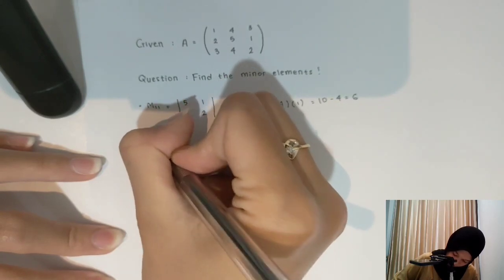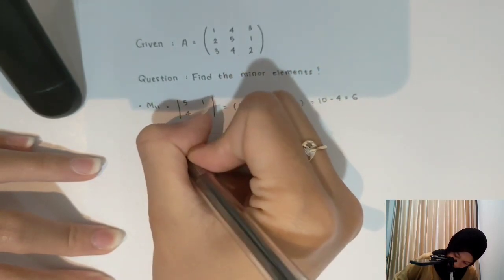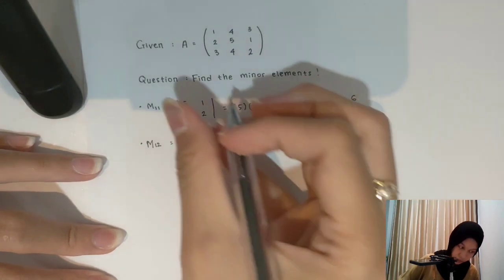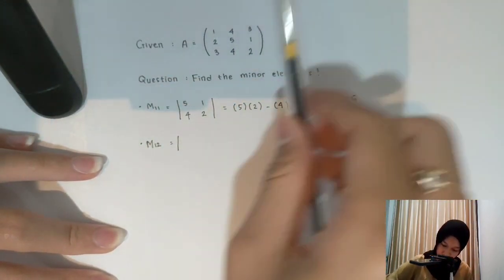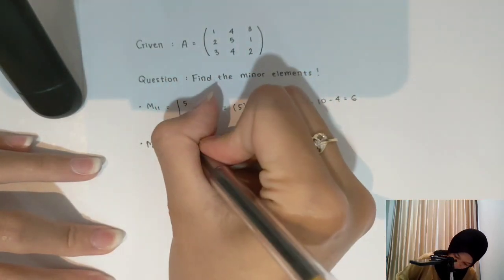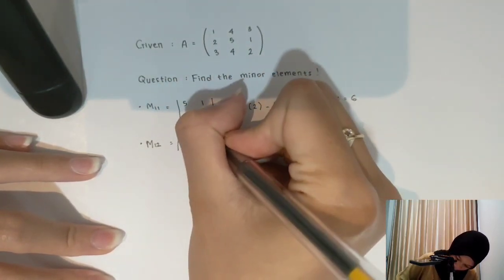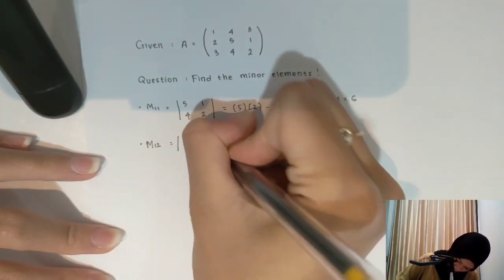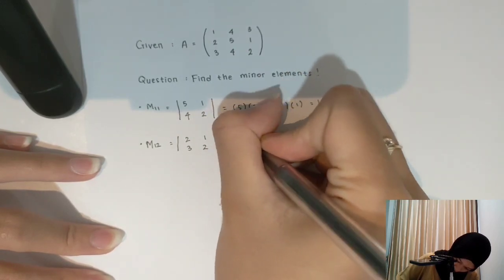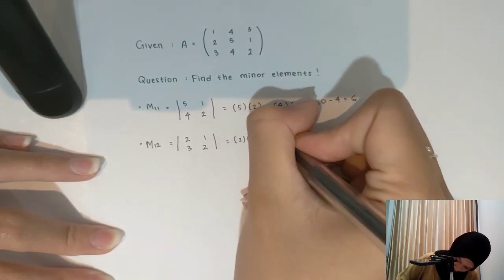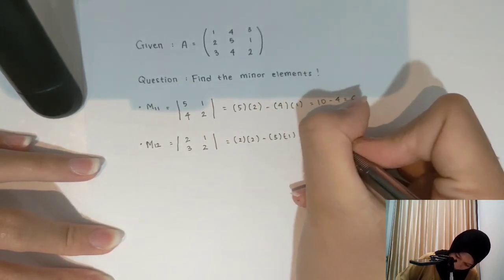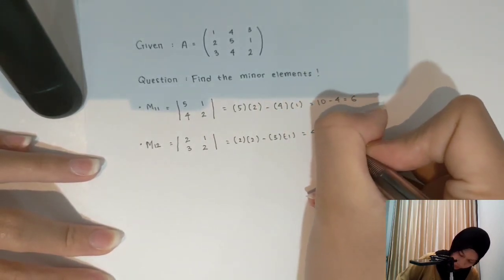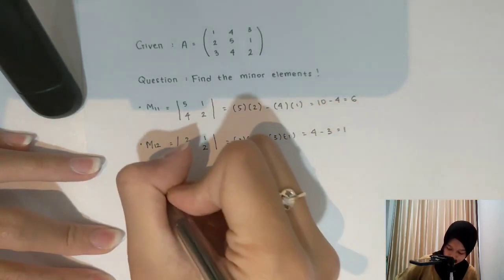Then minor row 1, column 2. So it'll be 2 times 2 minus 3 times 1, which is 4 minus 3. So it will be 1.